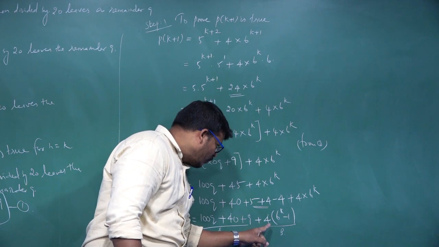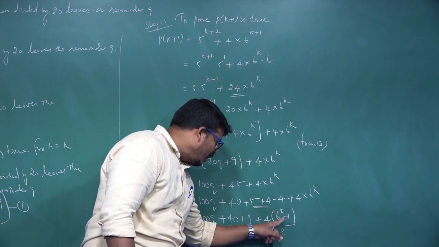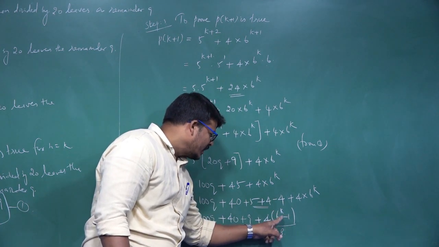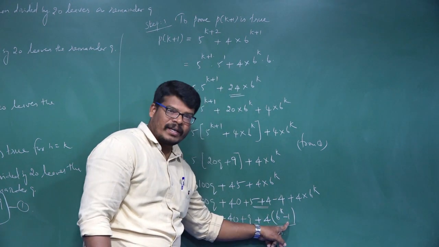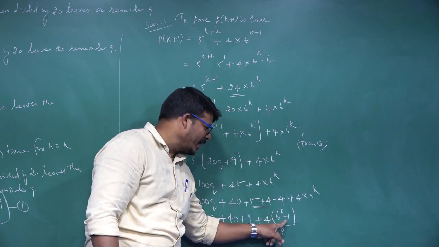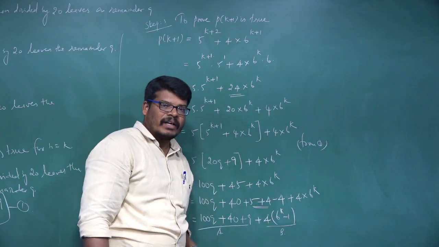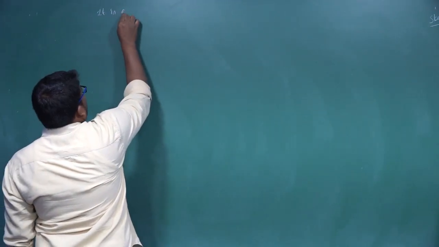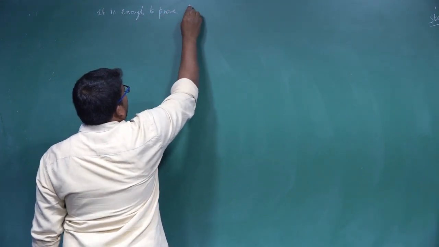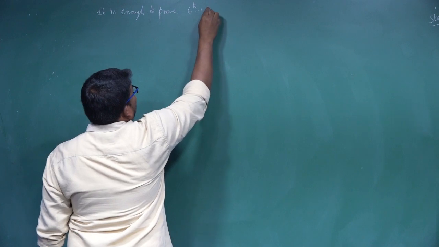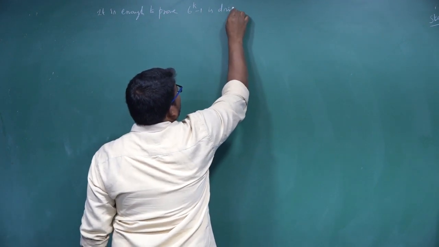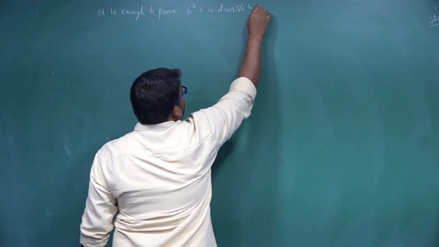It is enough to prove that 4 into 6 power k minus 1 is divisible by 5.